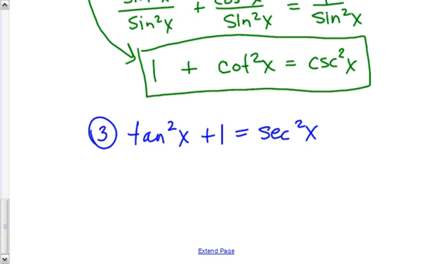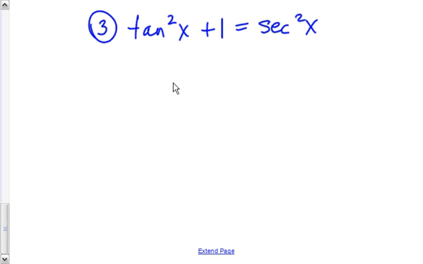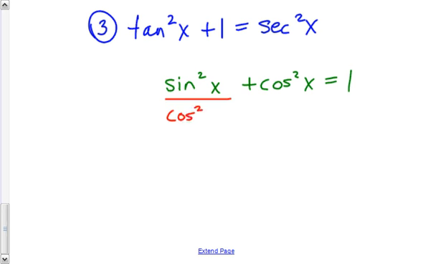So let's see if y'all can tell me what to do to get there. Same idea as number 2. So if we start with the one that we knew, which was sine squared of x plus cosine squared of x equals 1, what should I divide it by to get to tangent and 1 and secant? Divide each by cosine, so I'm going to divide everything by cosine.